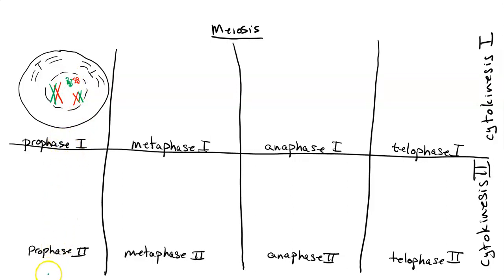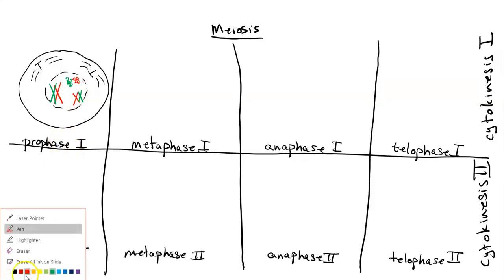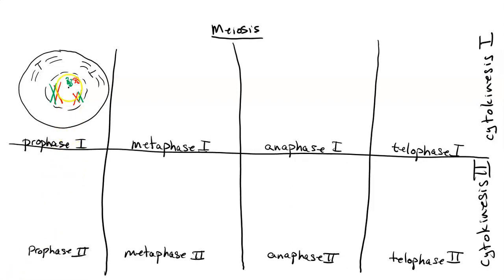So in prophase 1, we have chromatin that coils up into homologous pairs. This is a homologous pair. It's 2 chromosomes that code for the same genetic information. It's also called a tetrad.